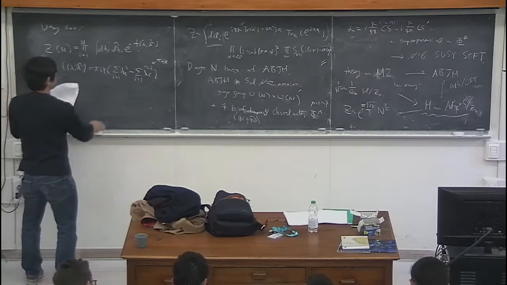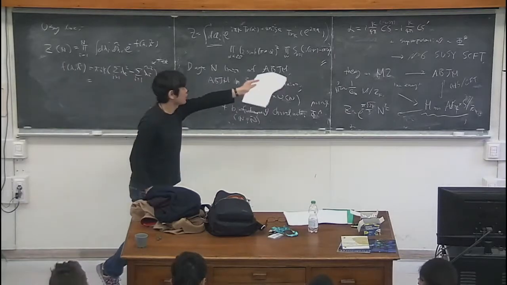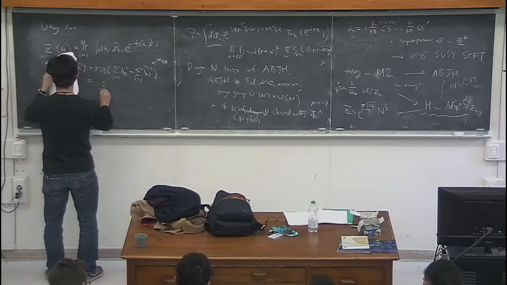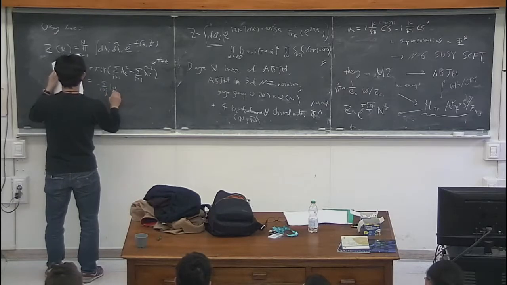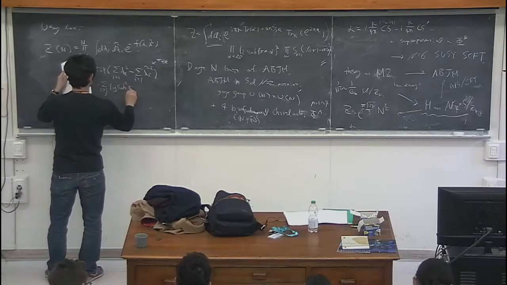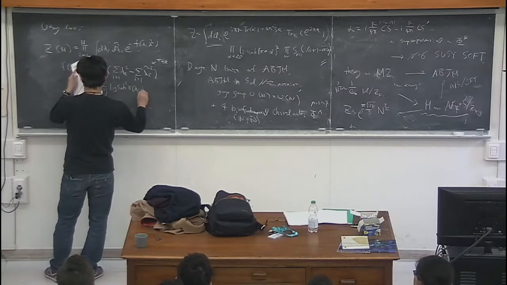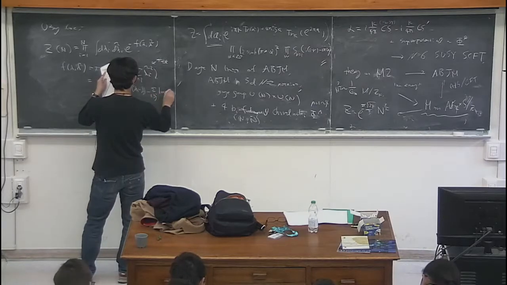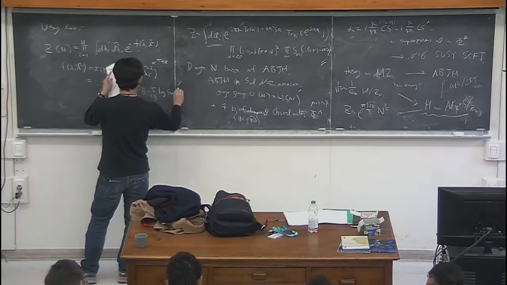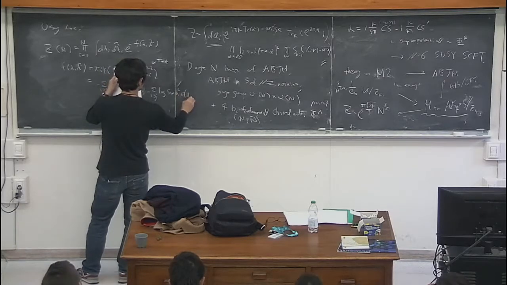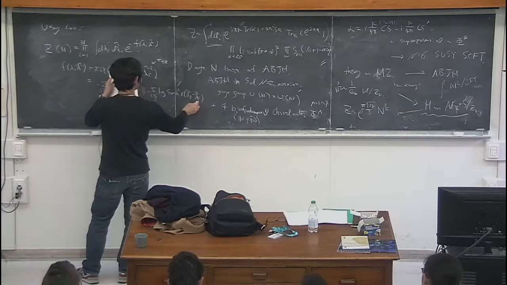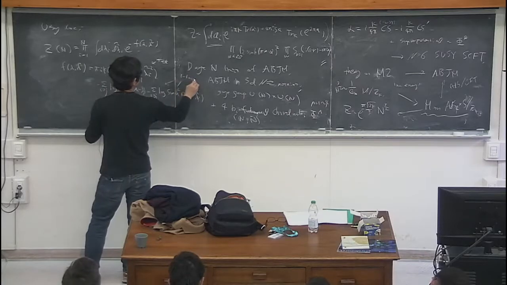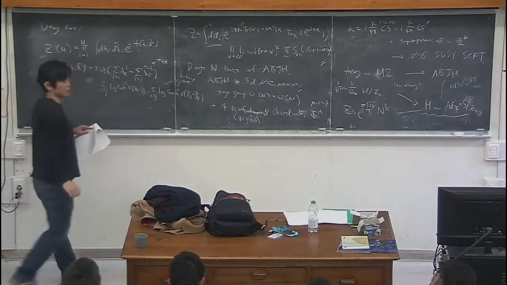And if we rewrite the variable as lambda here, for the one-loop factor, this is from the one-loop vector multiplet from U(N) cross U(N).